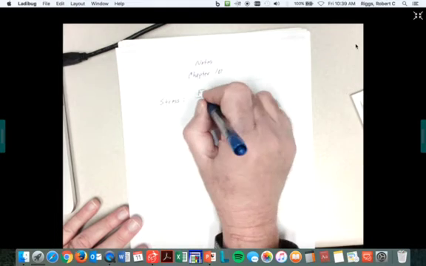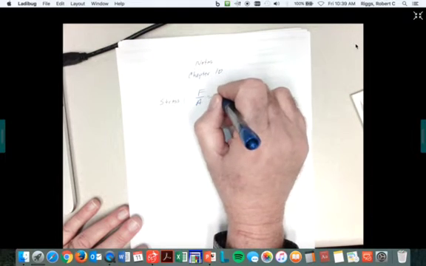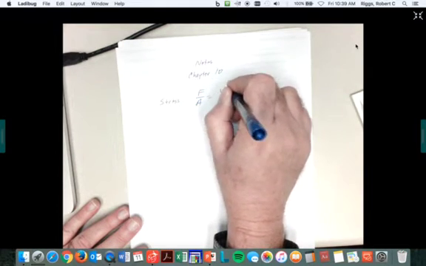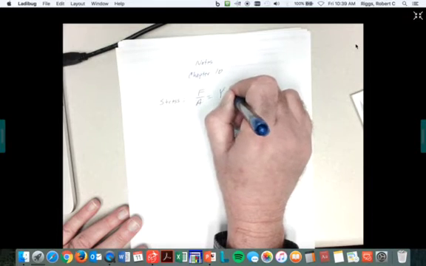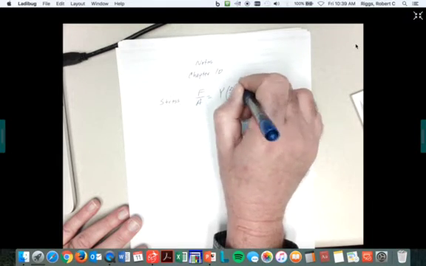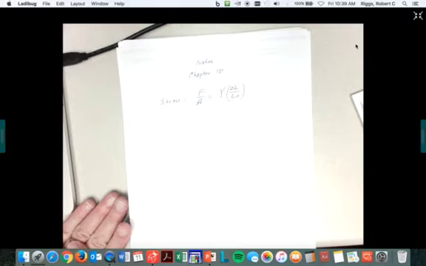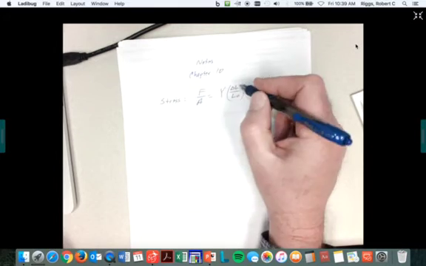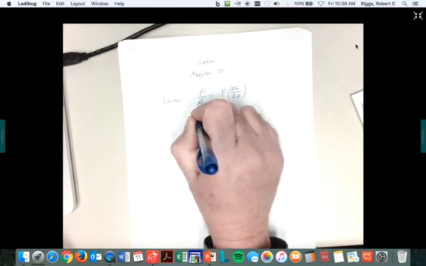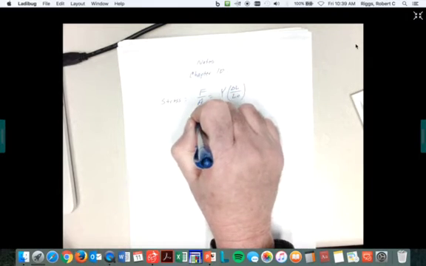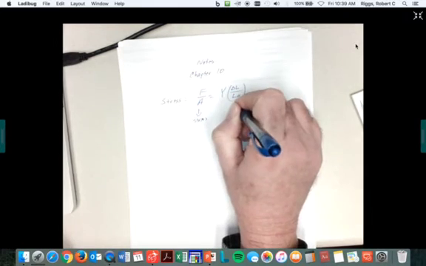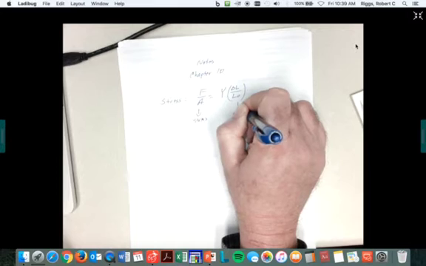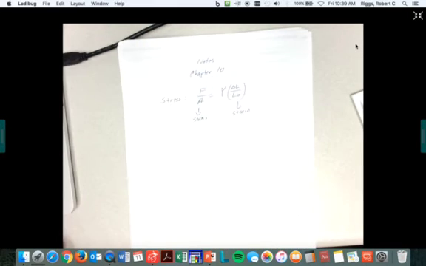And the force over area is equal to Y times L naught over L, over the original length of the wire, the femur, whatever we're looking at. We've turned it into a one-dimensional problem. So this is the stress. This is the strain.